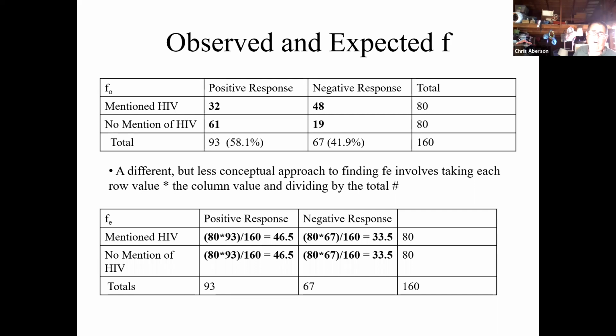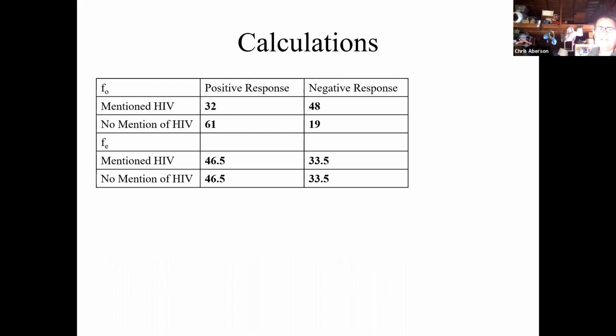Similarly, for the next one on the top, row total is 80, but the column total this time is 67. So we multiply those together, divide by 160. Two ways to get to the exact same place. I like the other procedure because it's conceptually more in tune with what we're doing, whereas this is just a mathematical shortcut.